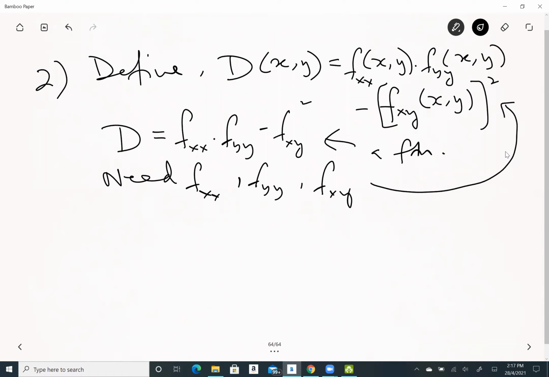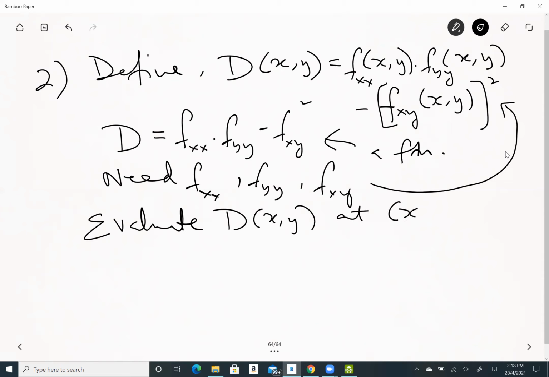What we need is we have to evaluate D(x,y). I'm going to write the long version because you want to specify that it is evaluated at the critical point. You have to evaluate D(x,y) at the critical point. So here I don't need the value of z. I just put x0, y0.